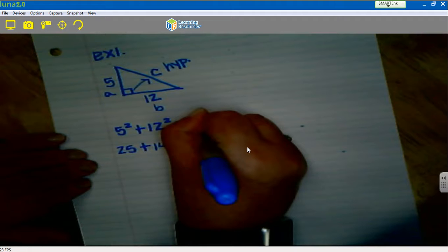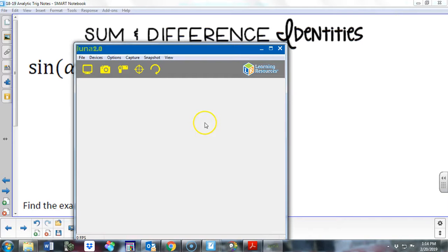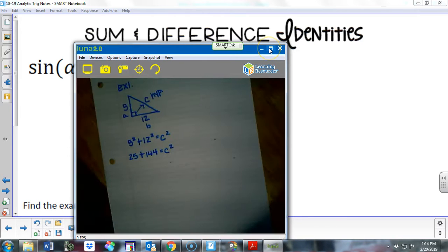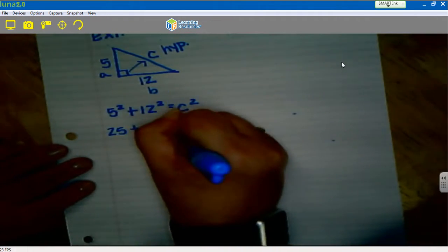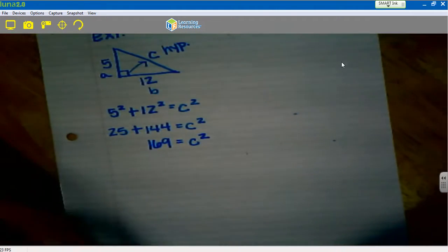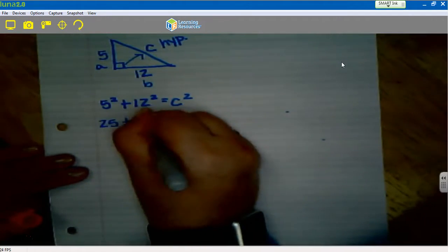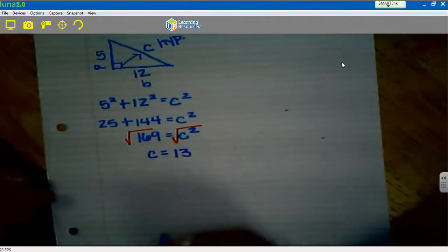Hold on just a moment. Okay. So 25 plus 144, that's 169. And then to get C not being squared, we're going to take the square root of each side. And we get C is equal to 13.